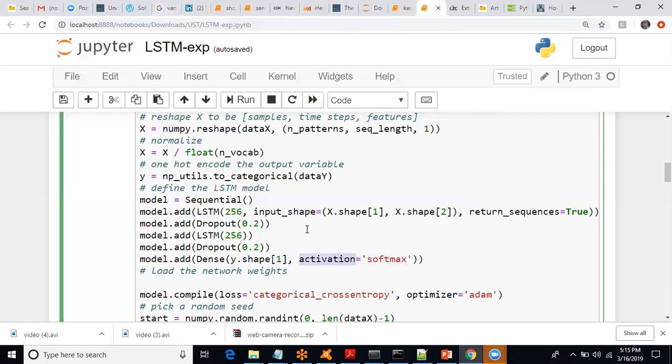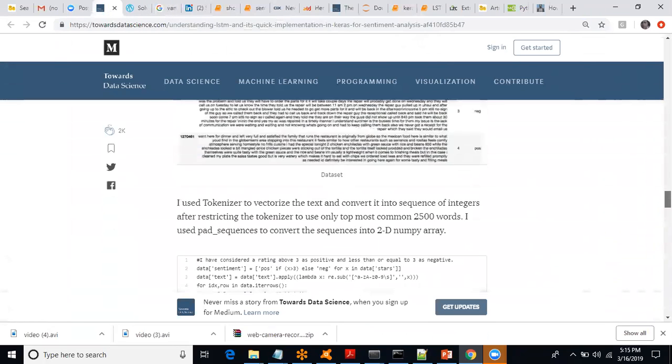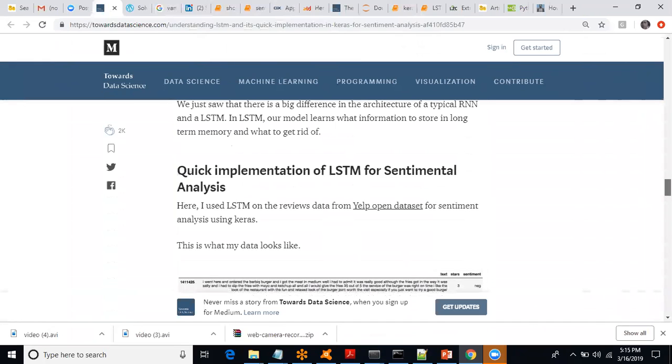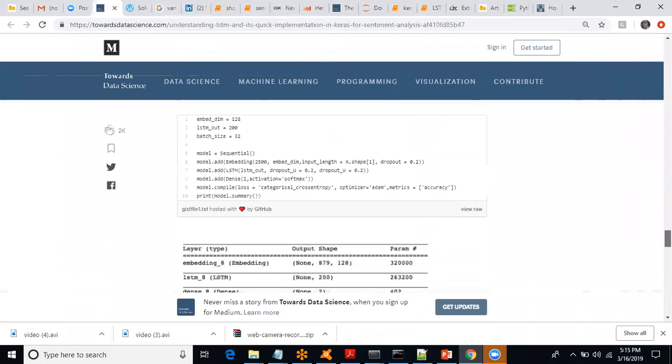Instead of softmax function, we have tanh? No, no. Activation function you can use on top of it. See, softmax is the overall activation function.